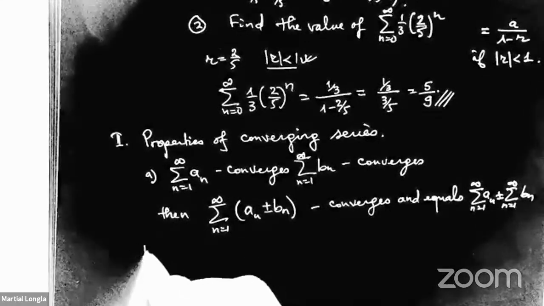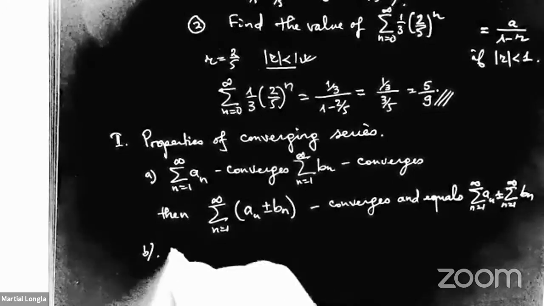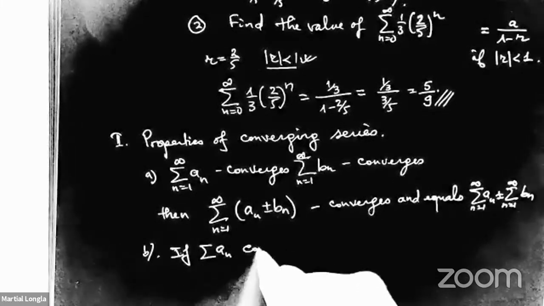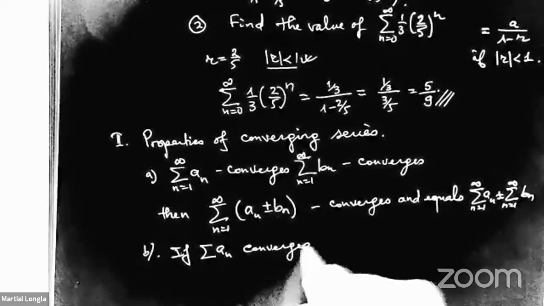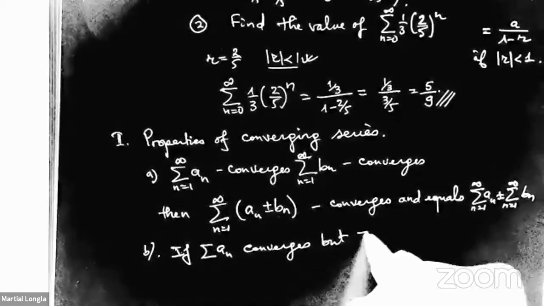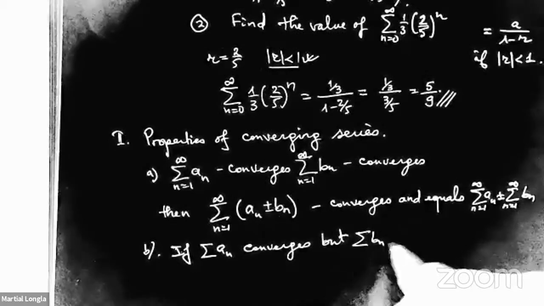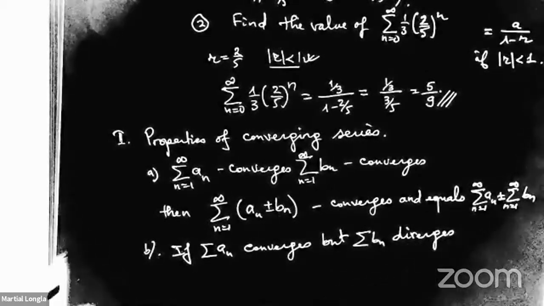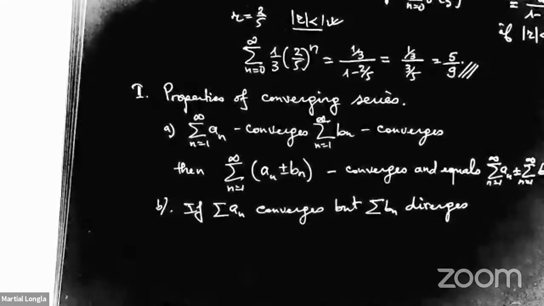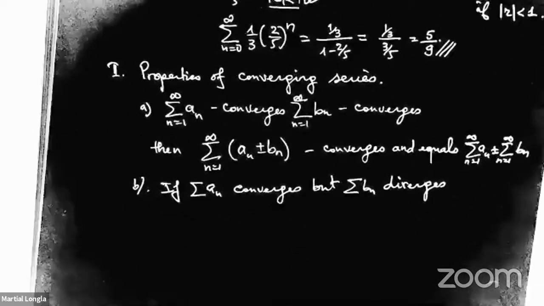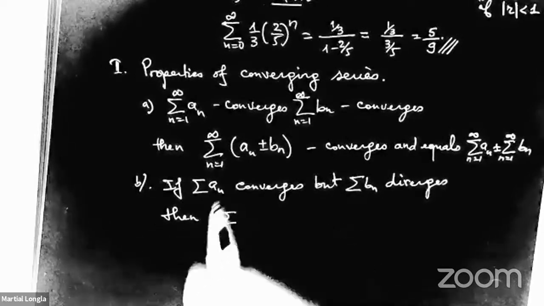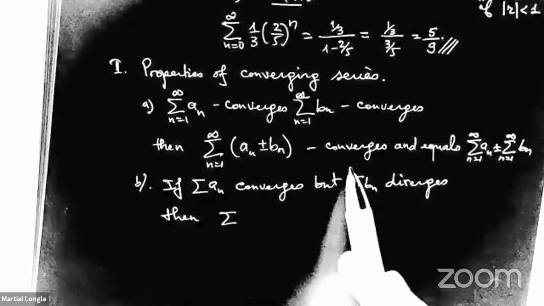Now, the other case is, now if the sum of an converges, but the sum of bn diverges, then notice that I didn't put the limits of the summation, right?